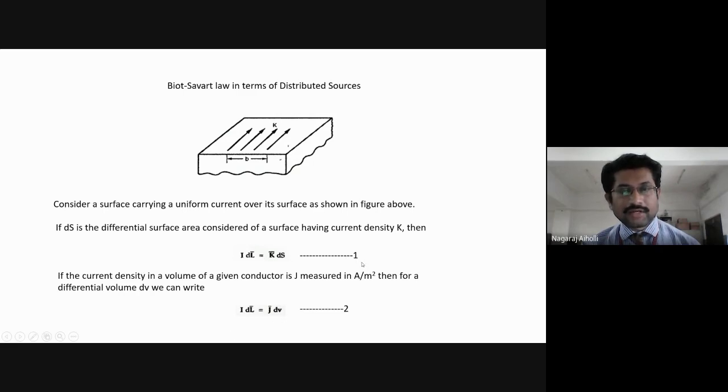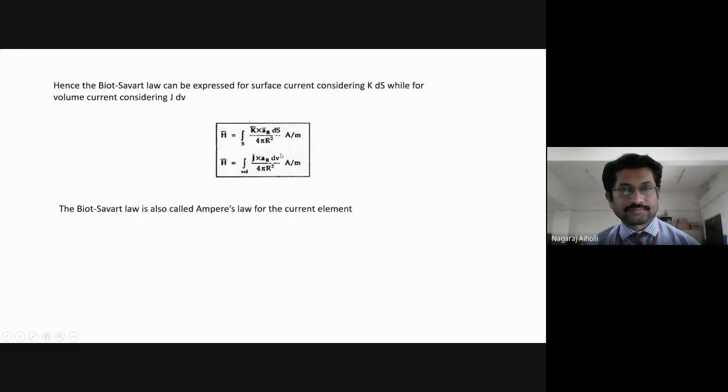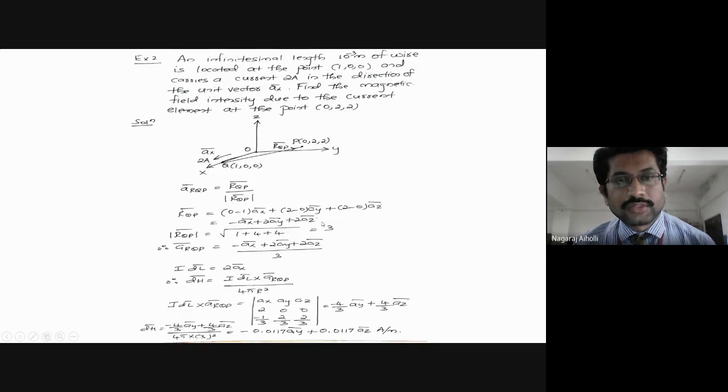This is equation 1 for the surface and equation 2 for the volume. This is called the Biot-Savart law in terms of distributed sources, where we consider a surface with a uniform current over its surface as shown in this figure. The Biot-Savart law is also called Ampere's law for the current element.